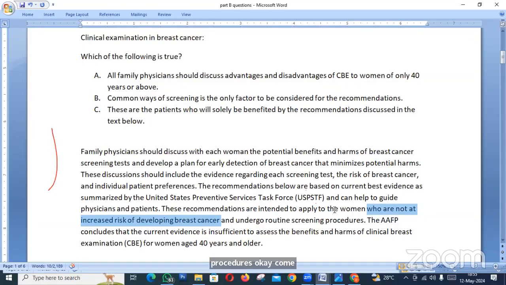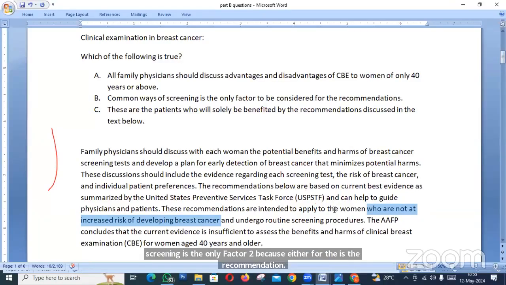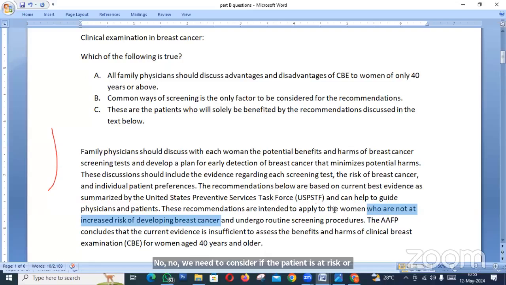Common ways of screening is the only factor to be considered for these recommendations? No. We need to consider if the patient is at risk or not. For these recommendations, the patient should not be at risk, and number two, should undergo normal routine procedures.